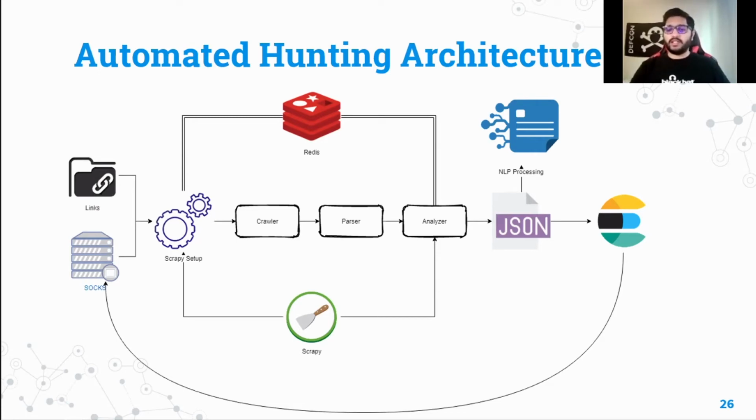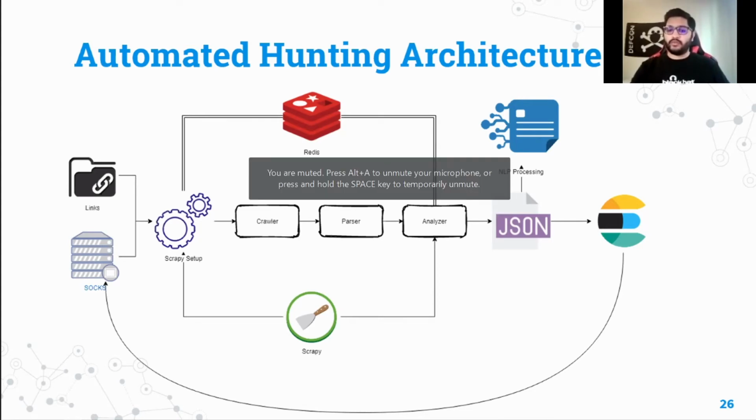There are two options: either you store your data into Elasticsearch or a database directly and then analyze it, or you dump your data into some file format, in this case JSON, then analyze it and put it into Elasticsearch.